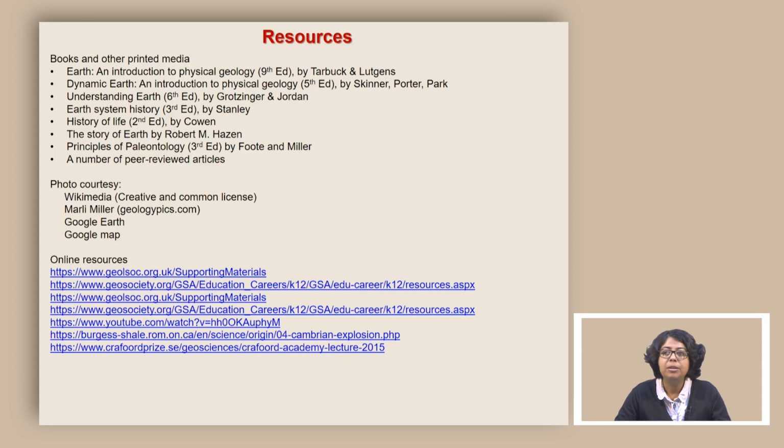So, in summary, in today's class, we learned about what was Cambrian explosion. We learned specifically about Burgess shale fauna and what are the different types that one encountered in Burgess shale fauna.